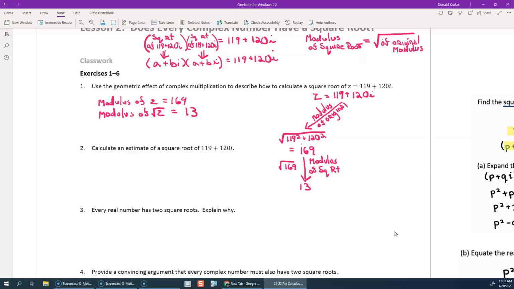All right, then now we want to get what's the angle? So let's find the original argument.